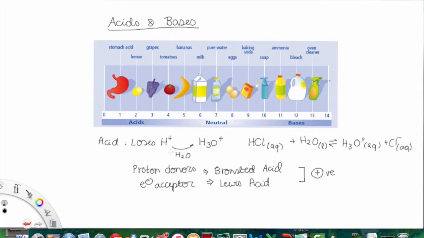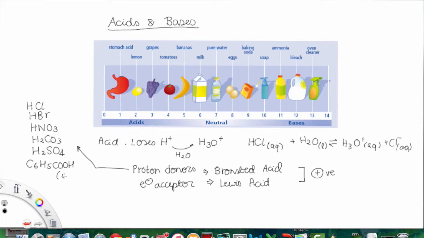There are a lot of different Bronsted acids. Examples I can draw right here: the most common one is HCl, or hydrochloric acid; hydrogen bromide, HBr, also known as hydrobromic acid; nitric acid, HNO3; carbonic acid, H2CO3; sulfuric acid, H2SO4; and there's also benzoic acid, C6H5COOH, which is a weak acid.